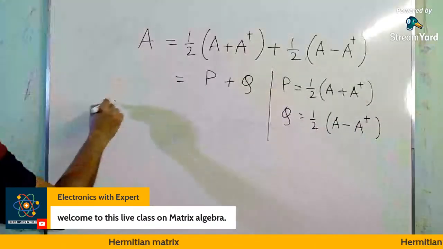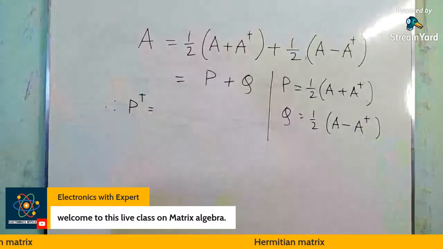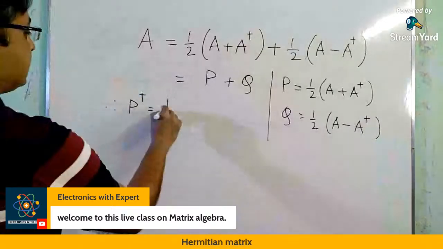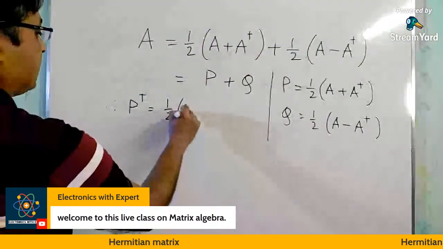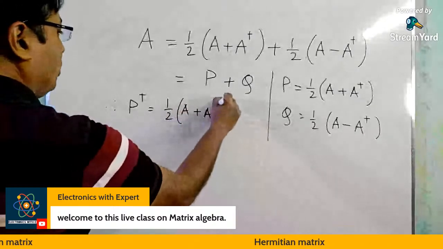Now let's find P dagger. What will be P dagger? That is half of (A plus A dagger) whole dagger.